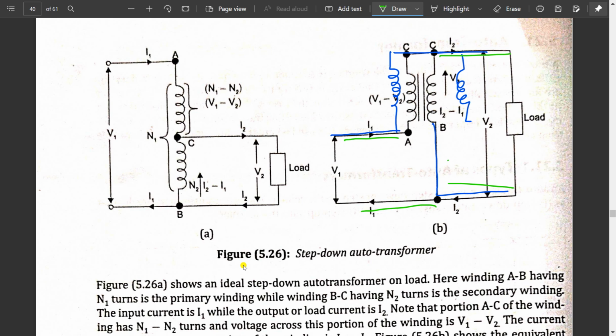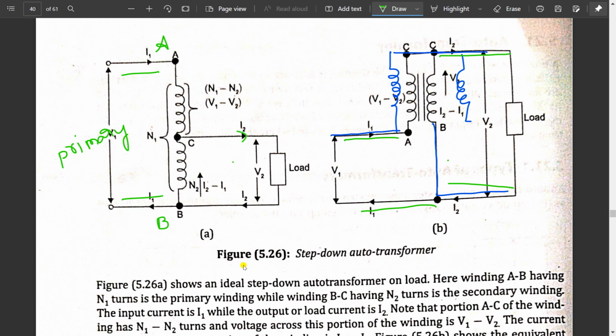The two windings come here for the input side, the primary, and only CB will come to the output side. We give V1 as primary and V2 as secondary.